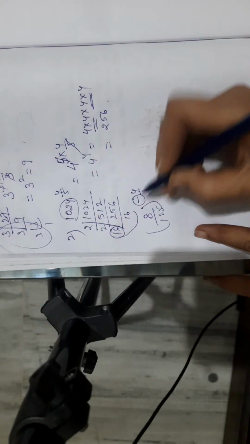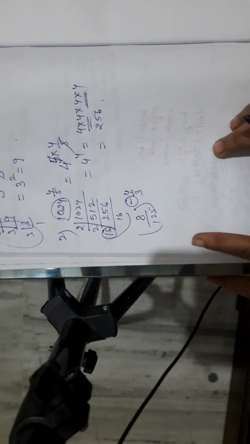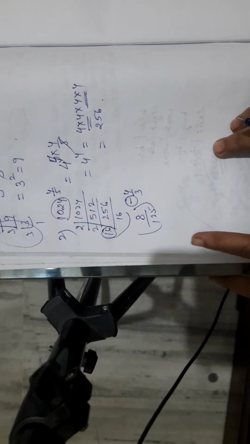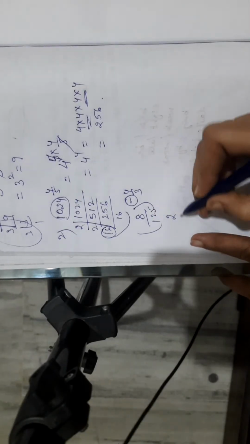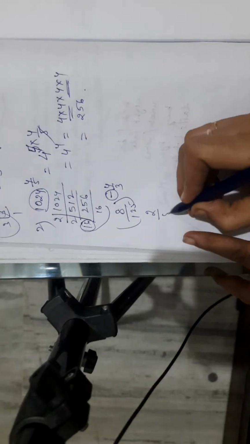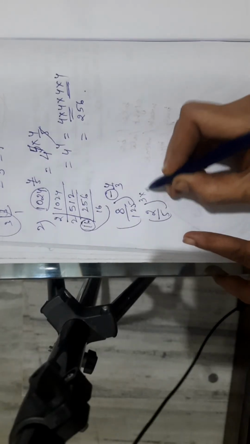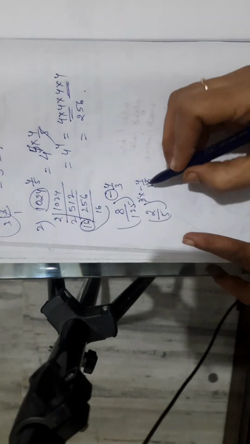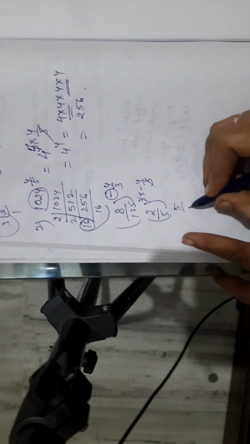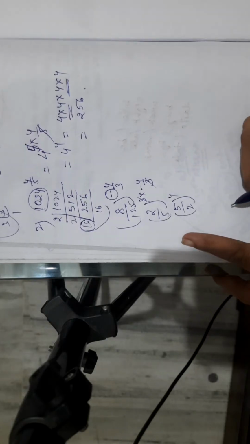If the power is negative, make sure that you take the reciprocal of the number. So 8 by 125, we'll make it 2 by 5 cube, raised to minus 4 by 3.